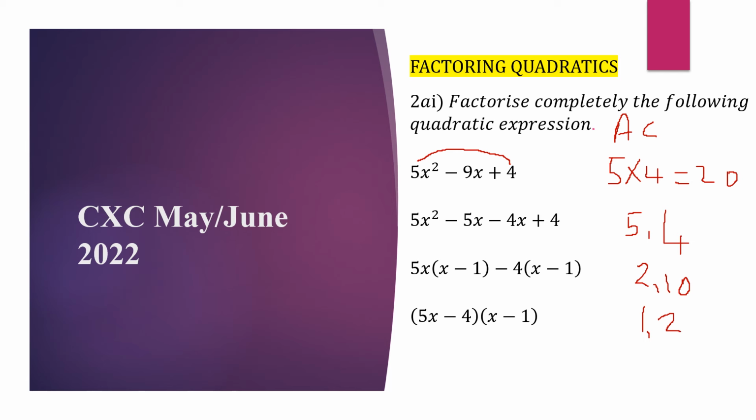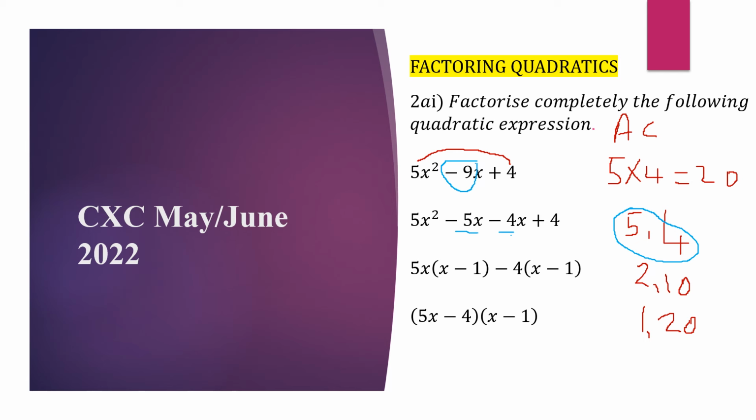So the next step is to find out which two factors of 20, when we add or subtract, we'll get the middle term of minus 9. These two factors are, of course, 5 and 4, because minus 5 minus 4 gives us minus 9.